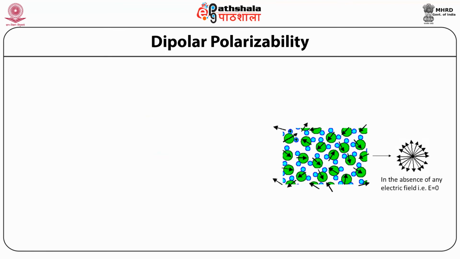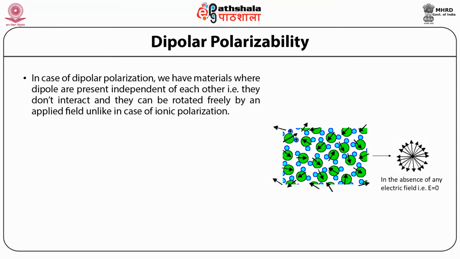Now comes dipolar polarizability, or we can call it orientation polarization. In case of dipolar polarization, we have materials where dipoles are present independent of each other. That is, they don't interact and they can be rotated freely by an applied field, unlike in case of ionic polarization.